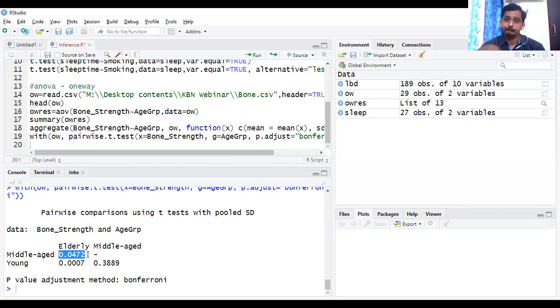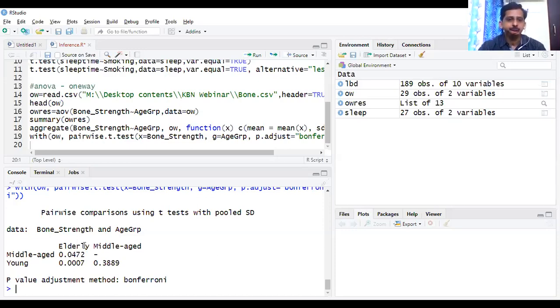But most of the research articles consider continuing 0.05 even for post-hoc comparison, and then state that the middle-age group significantly differs from the elderly group. So the bone strength of the middle-age group is not equal to the elderly group. That is not correct. The family-wise error rate should be taken into consideration.